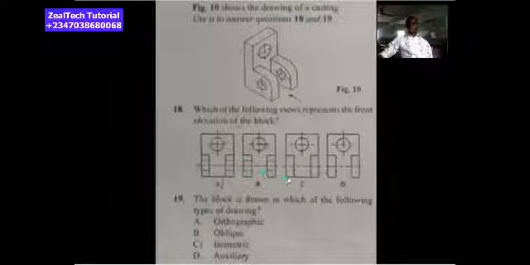The only difference in C is that the hole in this place is not shown here. D and B seem to be the same, but it's not the same thing. Here, the hidden hole which appears in B did not appear in D. However, the lower part shown here shows that this object has a thick part all the way to the bottom of the object, which is missing here. Therefore, it qualifies A to be the correct answer.